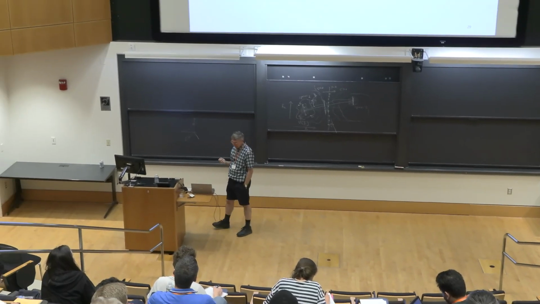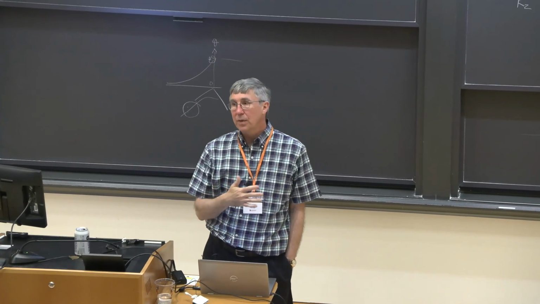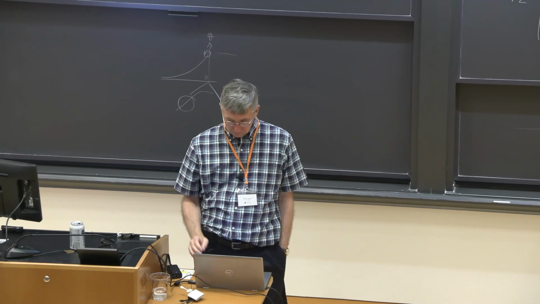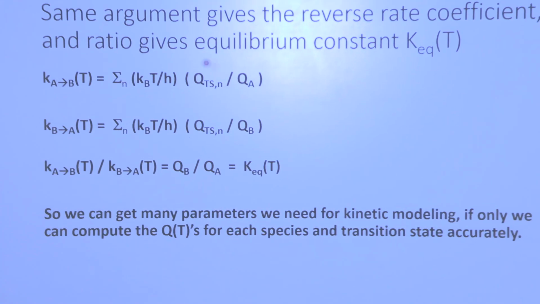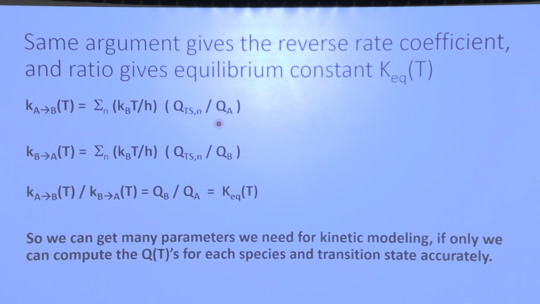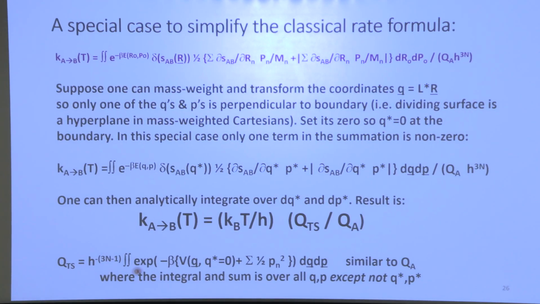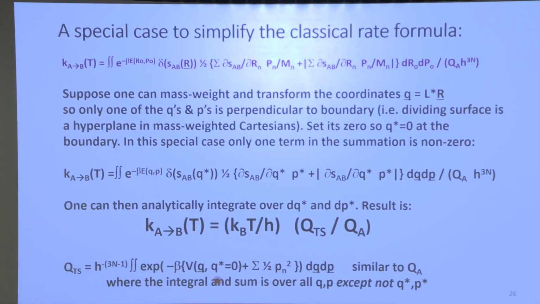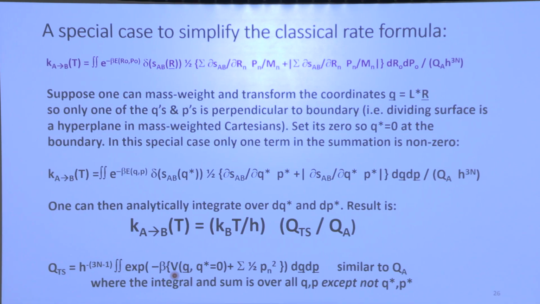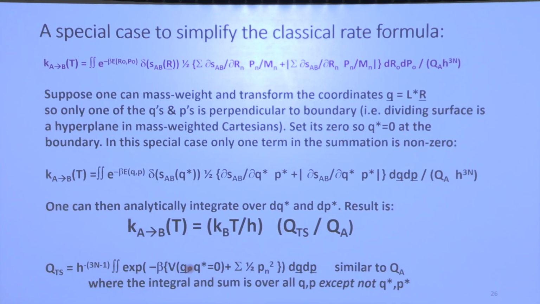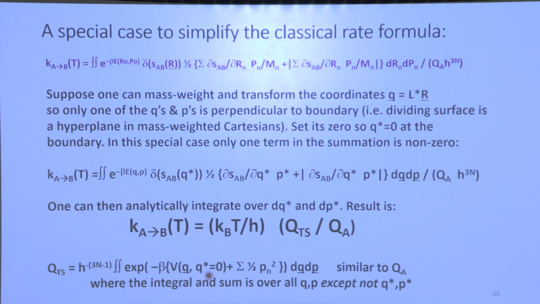So the real systems are quantum mechanical. The classical mechanical way I did it is not true. In particular, these quantities, the Qs, I wrote them as a classical phase-space integral. This Q is just this integral, and all you need to know is the V, the shape of the interaction potential of the atoms, and that's it.